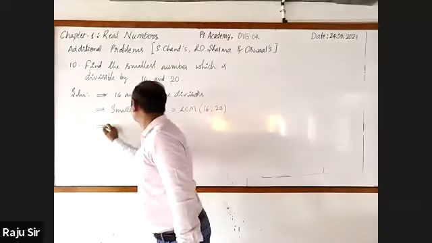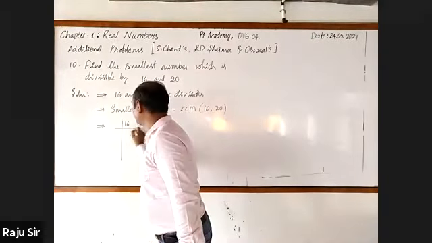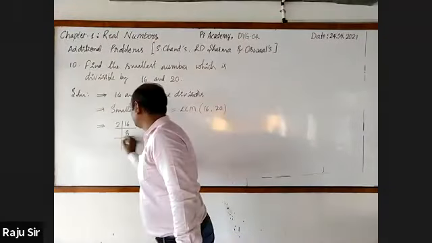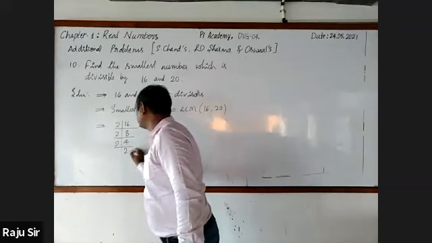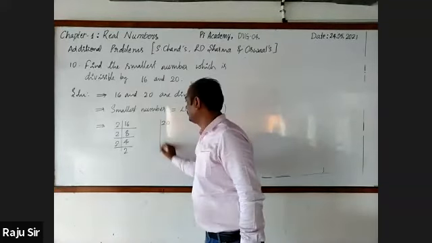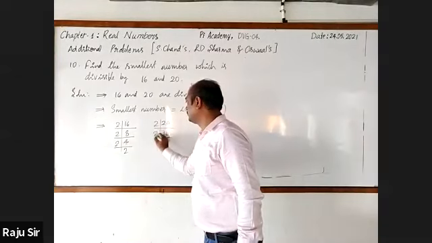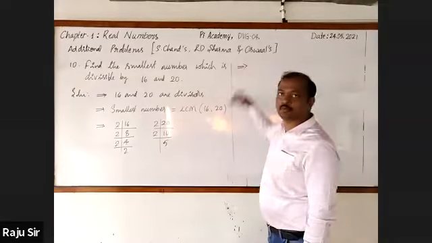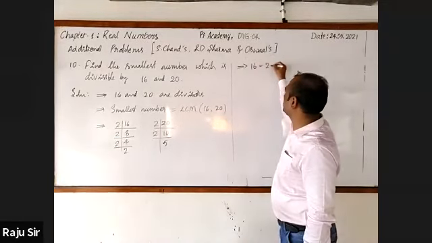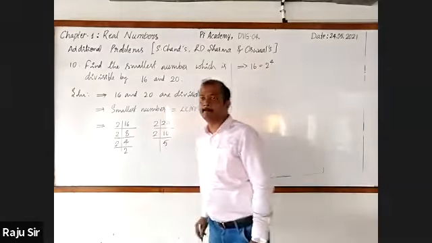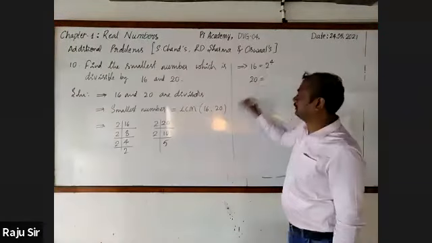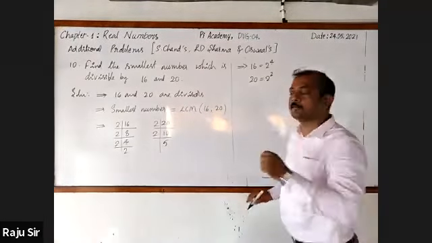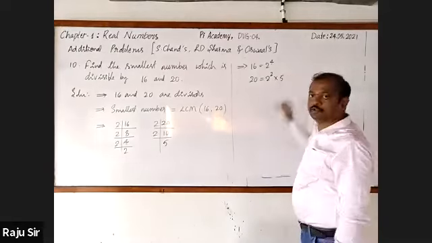Fine. 16: 2 8s are 16, 2 4s are 8, 2 2s are 4. 20: 2 10s are 20, 2 5s are 10. So 16 can be written as 2 raised to the power 4, and 20 can be written as 2 raised to the power 2 into 5.